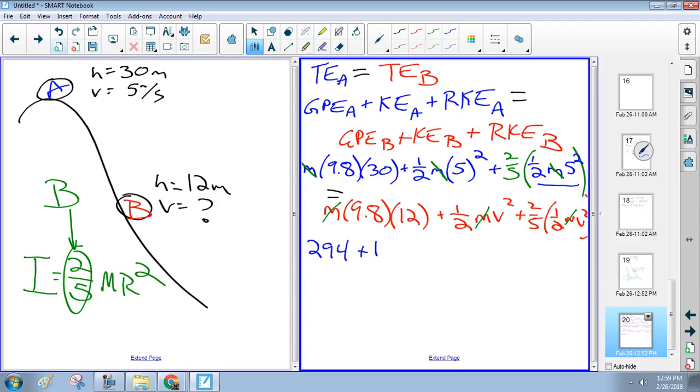Half of 5 squared is 12.5. 2/5 times that same thing gives you 5. Cool? Equals, over here you get 117.6 plus 1/2 v squared plus, so 2/5 times 1/2, don't the 2's just cancel out? So you get 1/5 v squared.